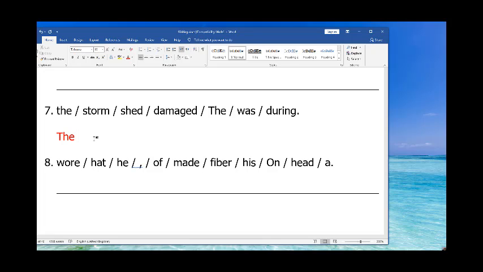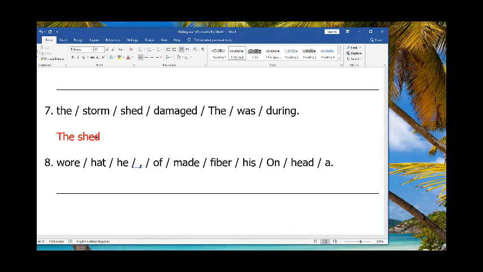Is it the storm? No. So what is the other noun? Shed. So the shed. What happened to the shed? I have how many verbs here? 2. Okay, I have damaged and I have was. Which one do you think will come first? Yes, the helping verb. So the shed was damaged. When?